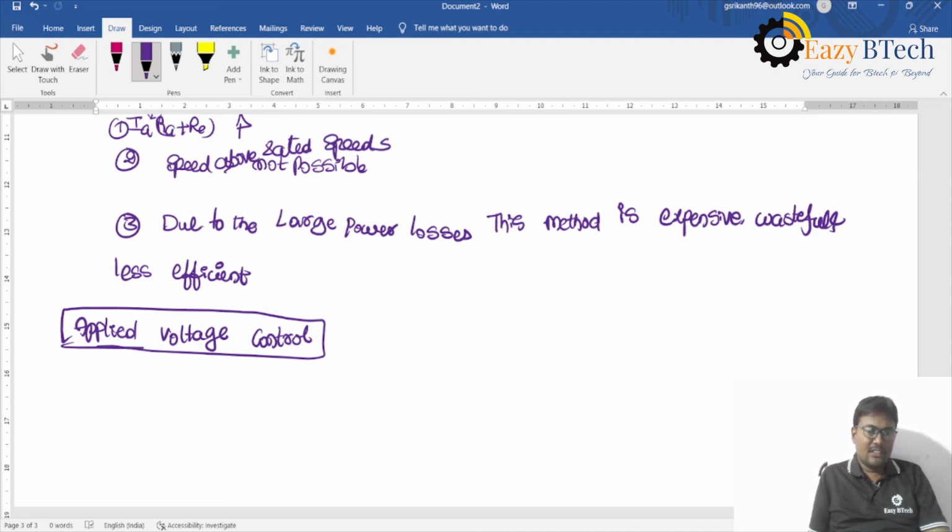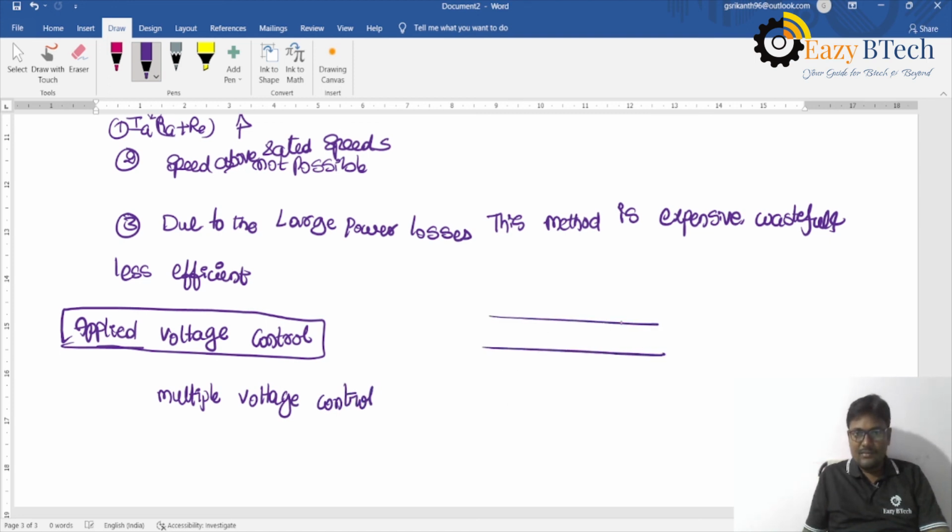We can say it is called multiple voltage control. Here this is plus 220 volts, the middle line is 0 volts, and another line is minus 220 volts.